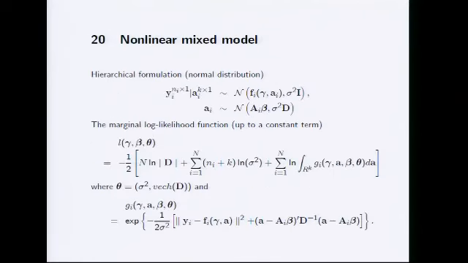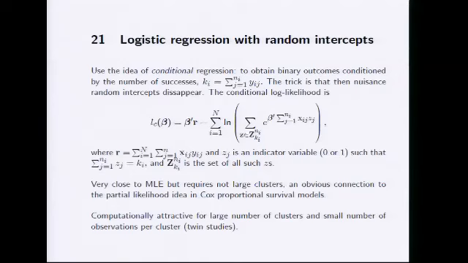For a nonlinear mixed model, again, I simply use notation to show you that an integral appears here, and the integral dimension equals the dimension of the random effects. So I show you an example of how logistic regression with random intercepts may be reduced to conditional regression.